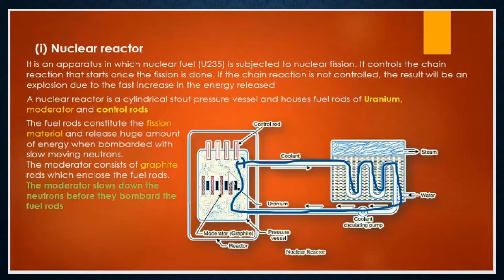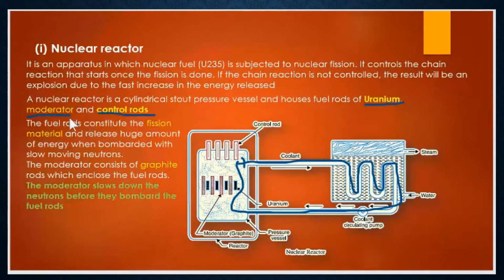So this metal will absorb the heat from the uranium 235 when it is bombarded with neutrons. The nuclear reactor will have uranium, that is one part, the second part is the moderator, and the third is control rods. To control all these processes, we require a moderator and control rods.